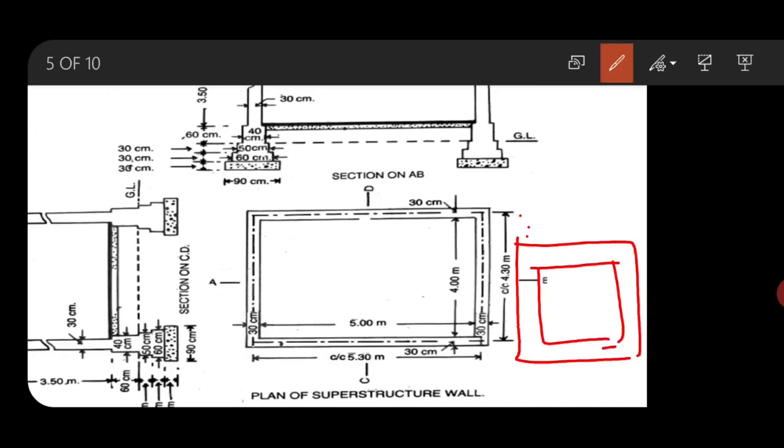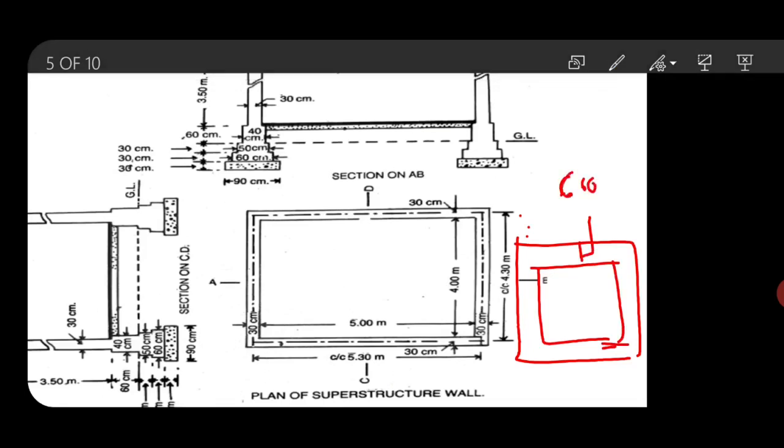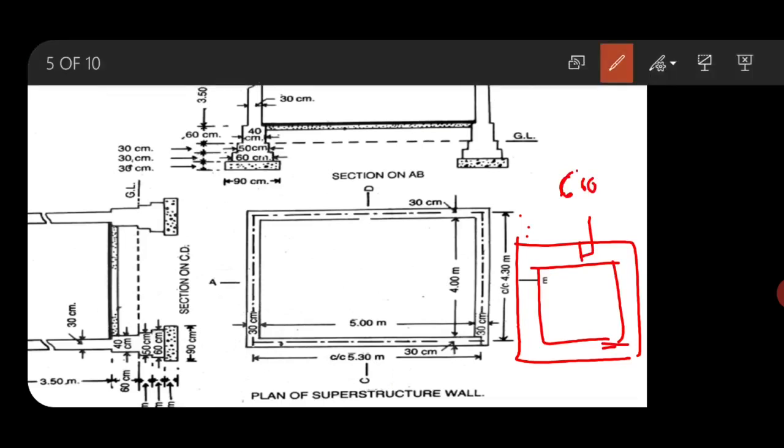At the first footing, this thickness will be 60 centimeter. This one is the center line length.